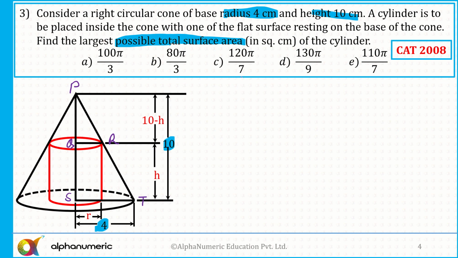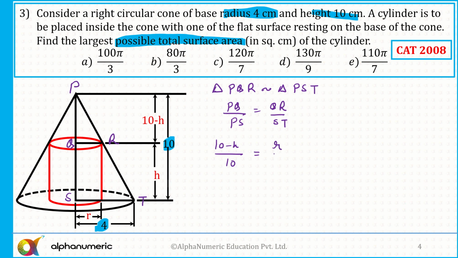You can easily observe that triangle PQR is similar to triangle PST. So I can say the ratio PQ to PS must be proportional to QR upon ST. Now what is PQ? PQ here is nothing but 10 minus H. And the length PS, the entire height, is equal to 10, equal to QR, what is QR?